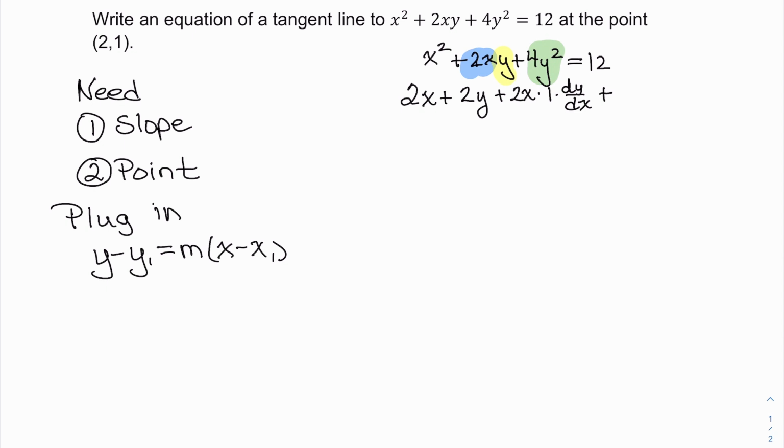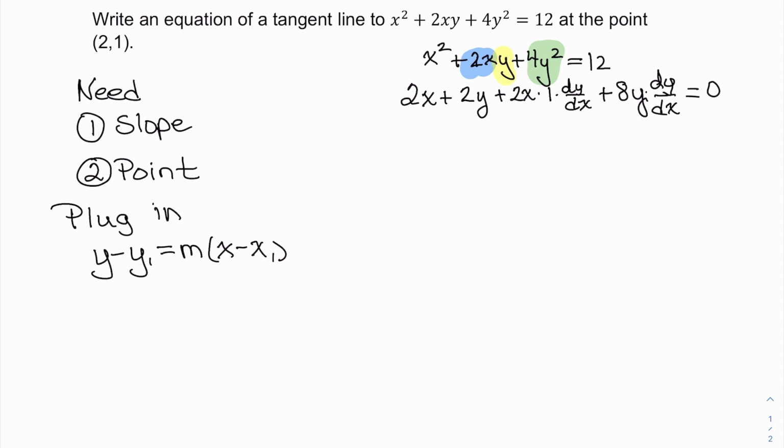Again, we apply the derivative rule: 4 times the variable base to the power 2 gives 8y, but since it was the y letter we were differentiating, by the chain rule I need to multiply by dy/dx. That's equal to the derivative of 12 on the right-hand side. 12 is a constant, and the derivative of a constant is 0. So this gives us our implicit differentiation.